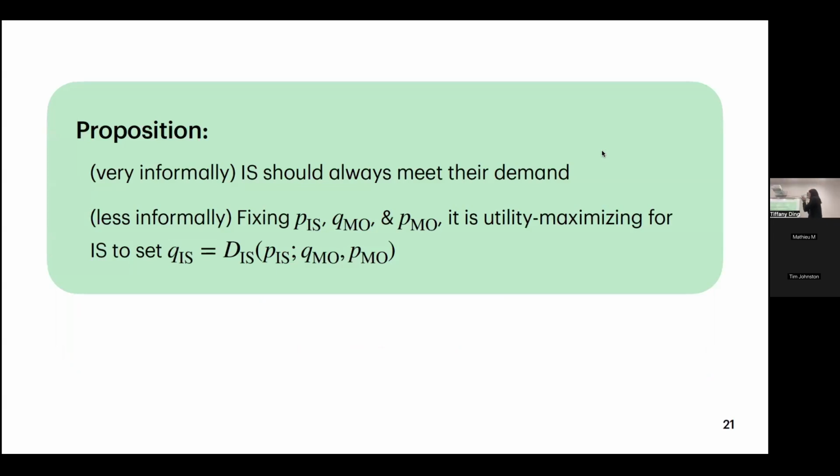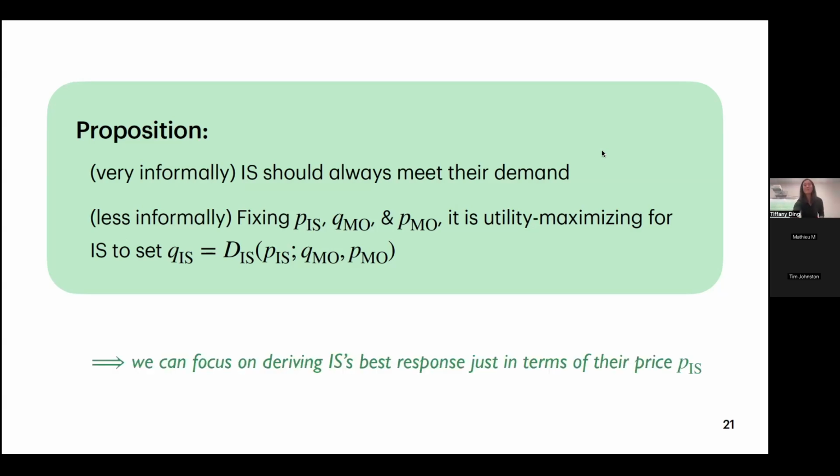So to simplify things, just very informally, intuitively, the independent seller should always meet their demand, whatever it may be. So writing it out slightly more formally: given a fixed price that the independent seller is going to set, and also a quantity and price of the marketplace operator, it's utility maximizing for the independent seller to set their quantity equal to the demand.